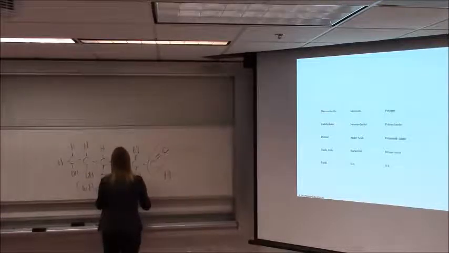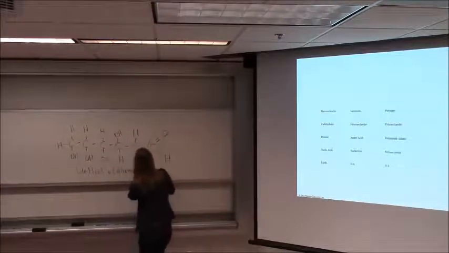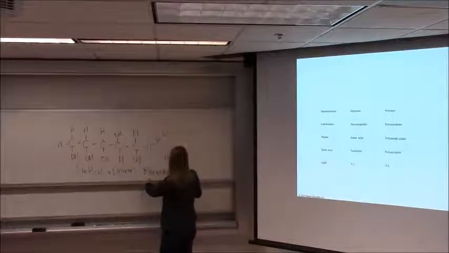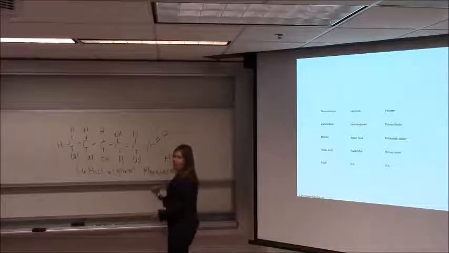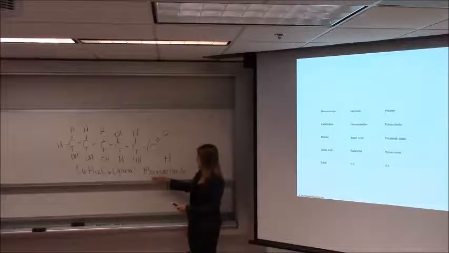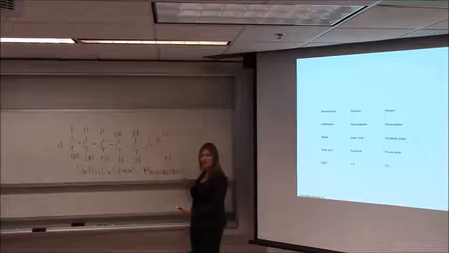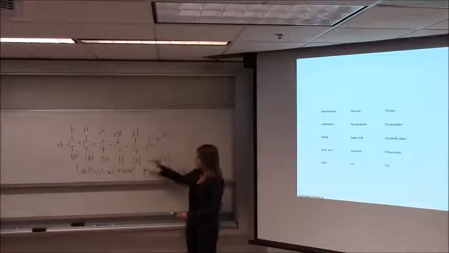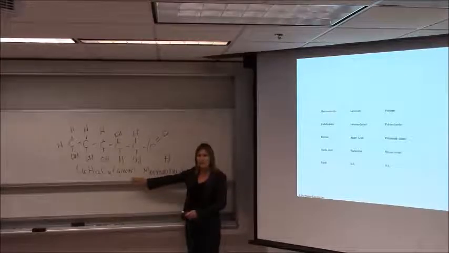Glucose would be an example of a monosaccharide. This would be a monomer for the carbohydrates. Remember, monosaccharide is going to be the general term for monomers that are carbohydrates. And then now more specifically, this is glucose, an example of a monosaccharide.